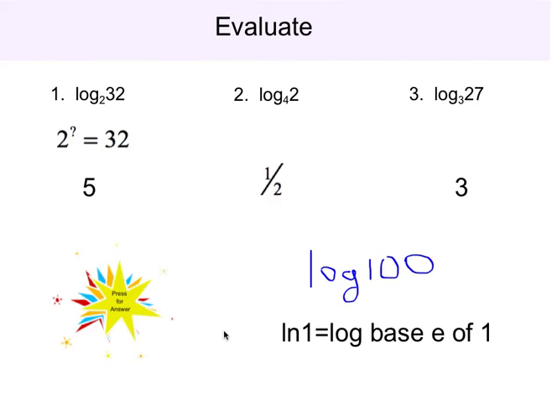Log base e of 1 is what I've written. Evaluate those real fast and press pause when you're ready to hear what these are. Press play again. Okay, log base 10 of 100 is 2 because 10 squared is 100. Natural log of 1 is 0 because e to the 0 is 1.